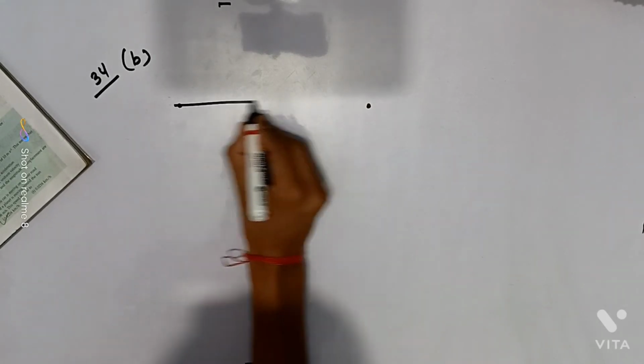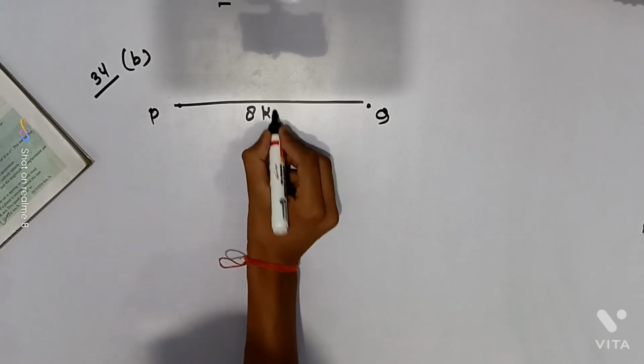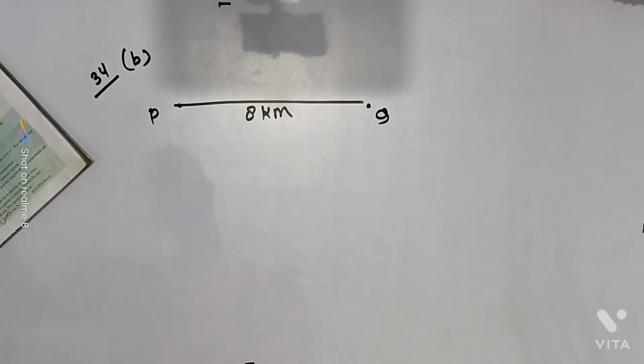So friends, what is 34th B part numerically saying? An ant travels a distance of 8 centimeter from P to Q. Means there is an ant which travels a distance of 8 kilometer between P and Q, and then moves a distance of 6 centimeter at right angle to PQ.